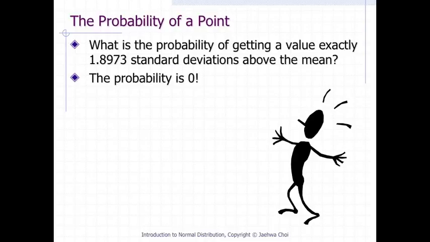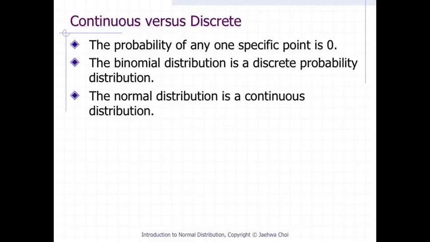The question then is, what is the probability of getting the value exactly 1.8973 standard deviations above the mean? You may be surprised to learn that the answer is 0. The probability of any one specific point is 0.